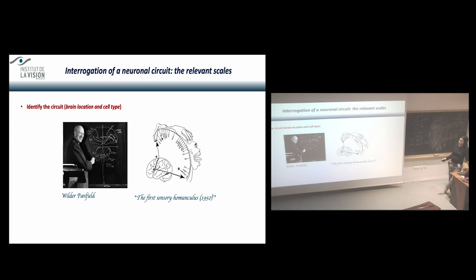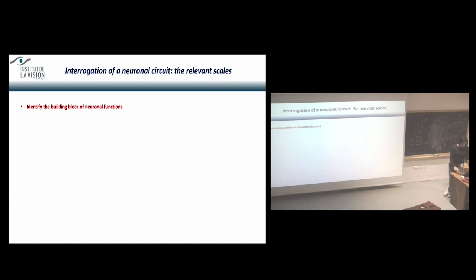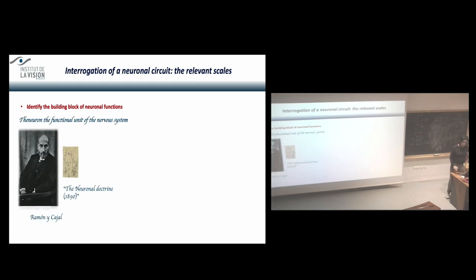Okay, so the very first step is to be able to locate a circuit in the brain to understand what the circuit does. And then the second point is to understand how this circuit is able to control a function. And then we have to decide what we have to study in a circuit to assess how the circuits control the behavior. Again, there are concepts that for us seem to be obvious, but these are also not so old.